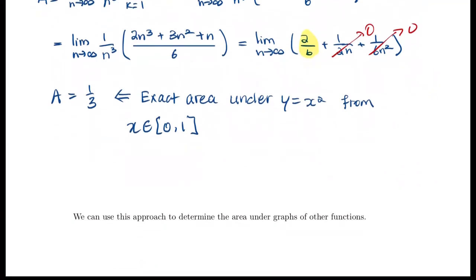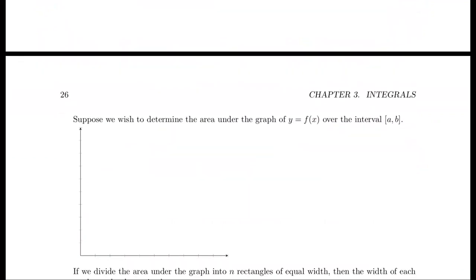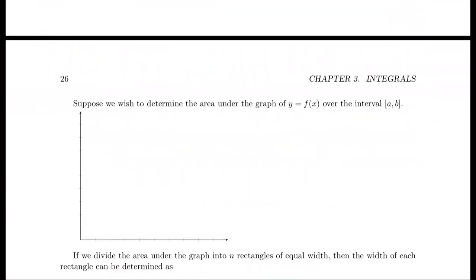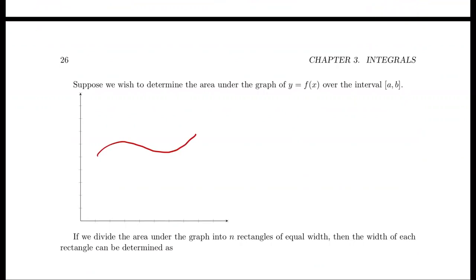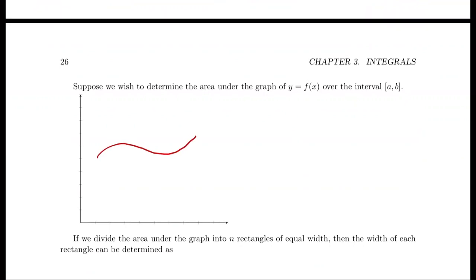And we could also do the same thing with other functions as well. So let's say we wish to determine the area under the curve of y equals f of x. So f of x is just some function that is continuous over a to b. So let's say here's a, here's b, and we divide the area once again.